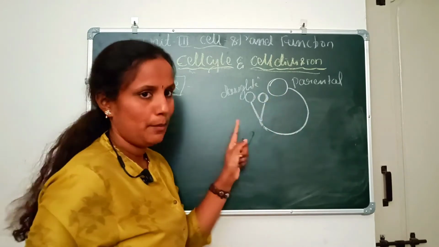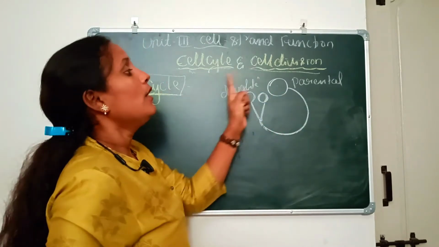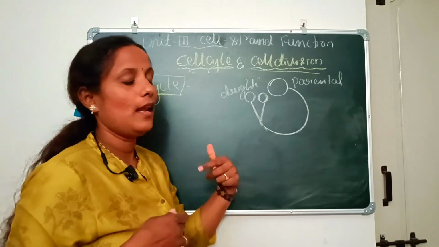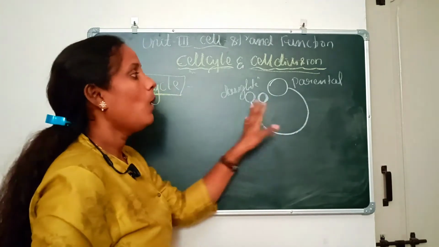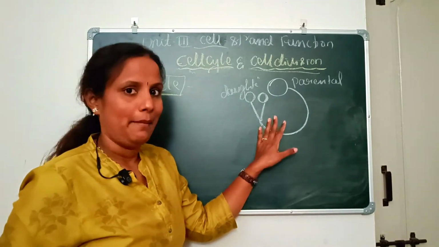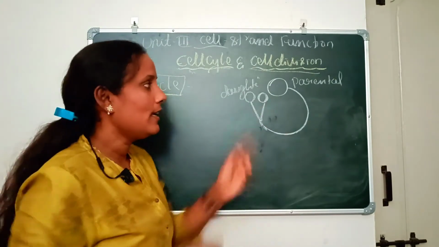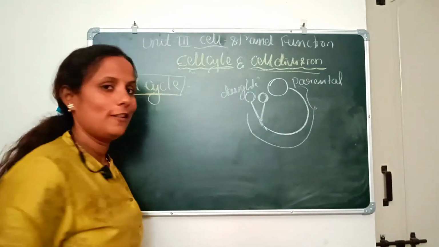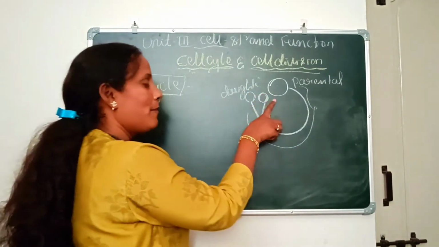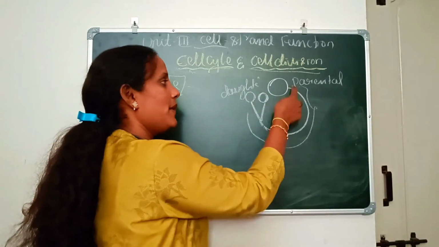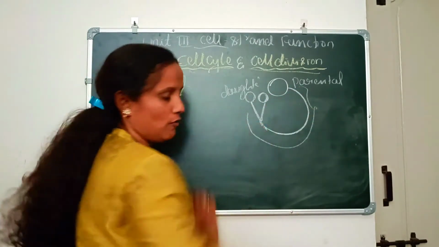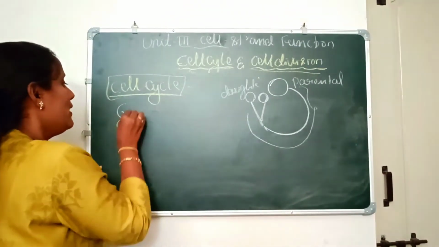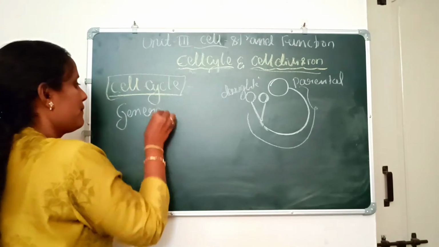That means it is a cyclic process. All the events, in any type of cells, will be the same. But there is a time required for this. During the formation of daughter cells from a parental cell, some time is required, and this time is called the generation time.